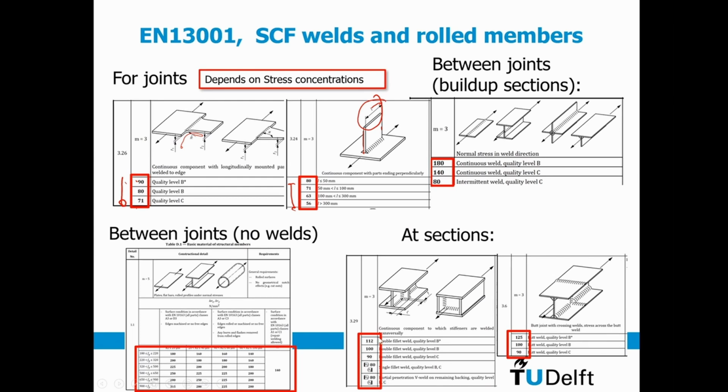And also here, depending on the quality, I have different allowable fatigue classes. You see here also quality taken into account. And remember, the yield value is important, but only if there is no weld.